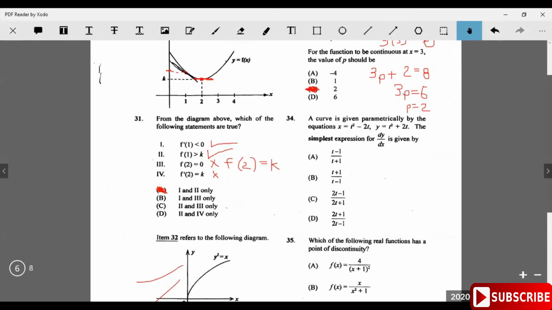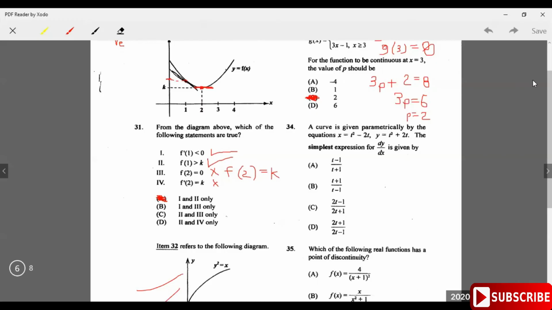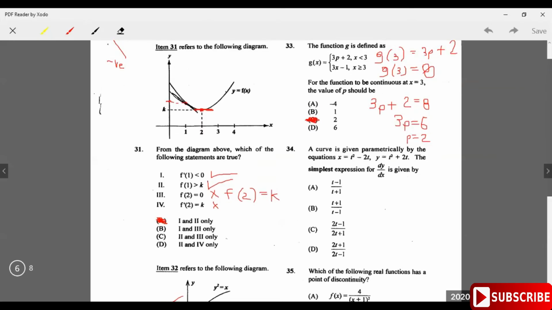Nice. Question 34. Question 34 is asking us, a curve is defined parametrically by that equation, and they're asking for dy by dx. Now, to find dy by dx, we're going to have to use the chain rule.